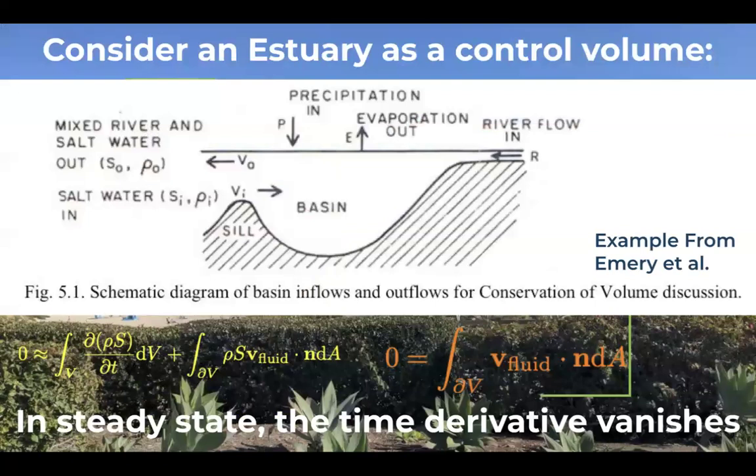Okay. So the last closing topic is, what if we apply this not to a grid cell, which is sort of boring, but to a control volume that's actually a physical object, like an estuary. An estuary, like Narragansett Bay, has rivers that are coming and going on one side. It evaporates on the surface on a hot day, precipitates on a rainy day, or maybe a snowy day, whatever.